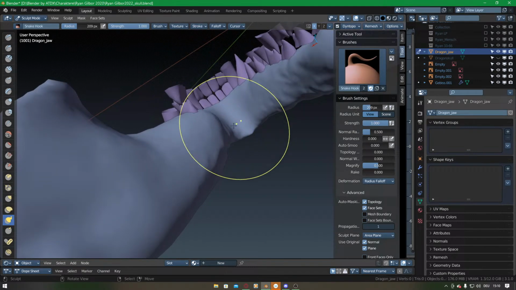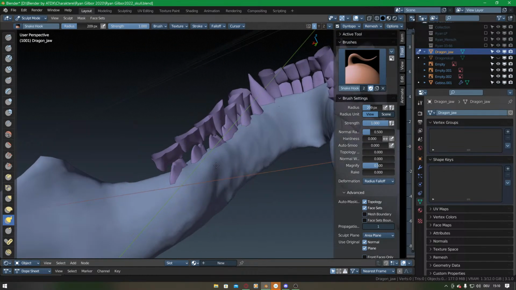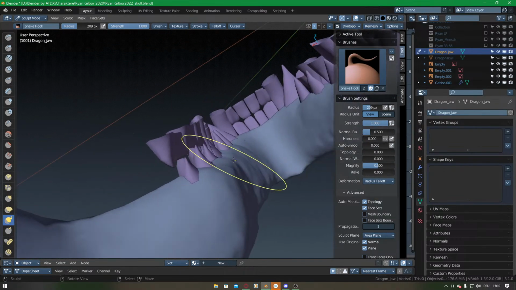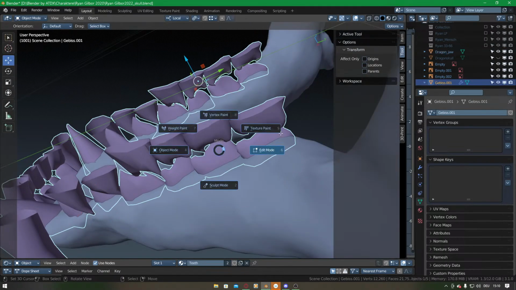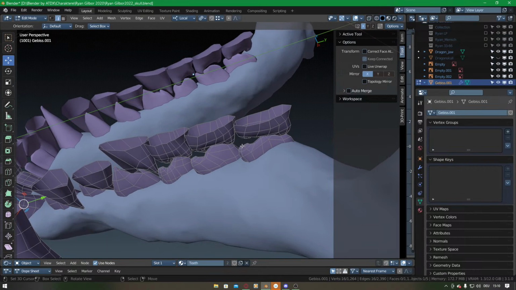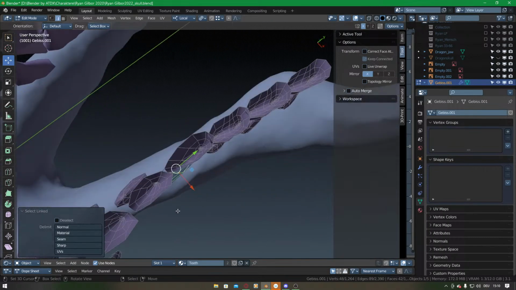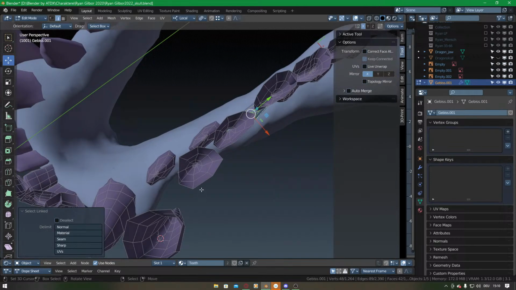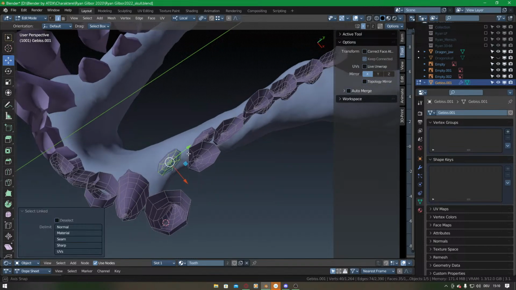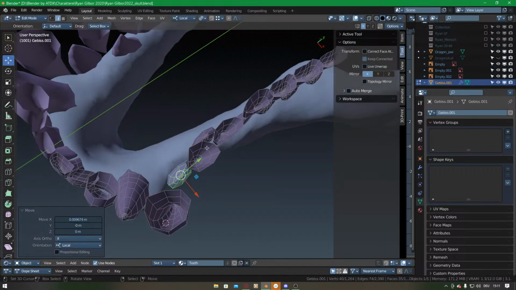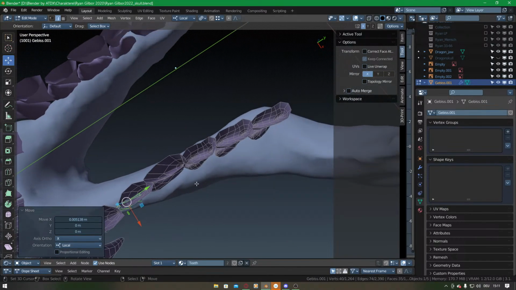I'm still waiting for Blender 3.3, where they are introducing a new fur system, which is more based on curves instead of particles, and it is a lot easier to do. So let's see, this one needs to be in here, this is more in here, this fits.